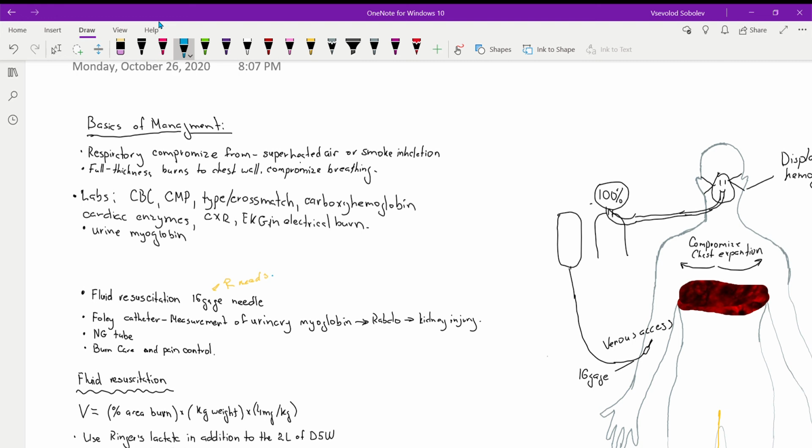Also, they probably will consider the central line if the burn is more than 30% total body surface area. Then the Foley will be placed to measure urine output.